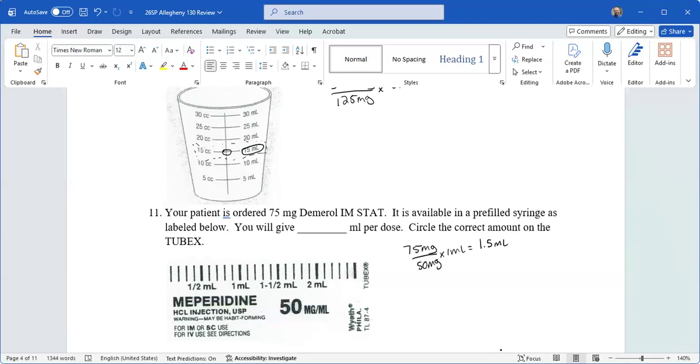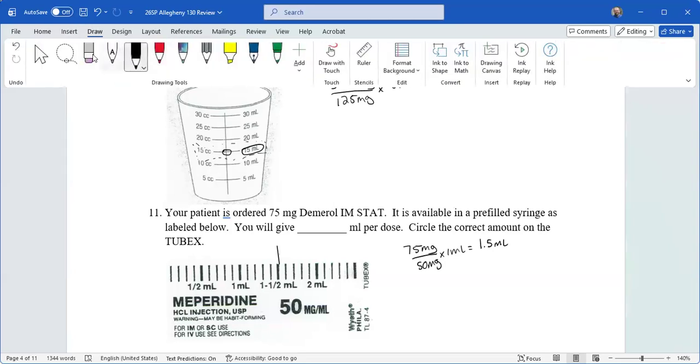I know it says to circle, but I'm in the habit of making sure I'm putting my line exactly where I want to make the connection, so I might draw an arrow or circle it so I know I'm exactly on the right spot.